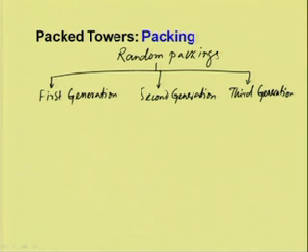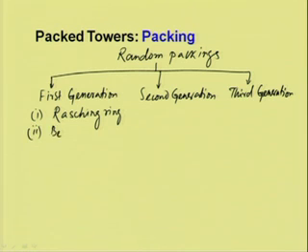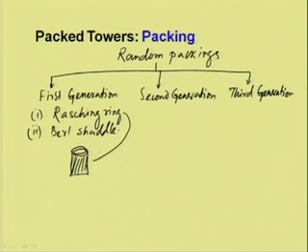The two most commonly used first generation packings are the Raschig ring and the Berl saddle. Raschig rings are cylindrical in nature. So, this is the Raschig ring, and another one is the Berl saddle.